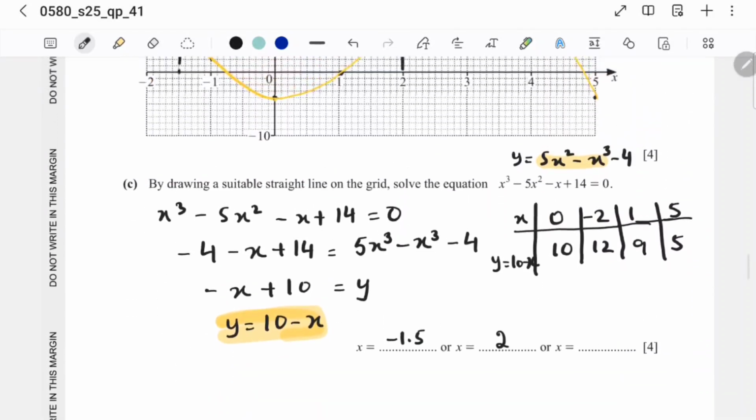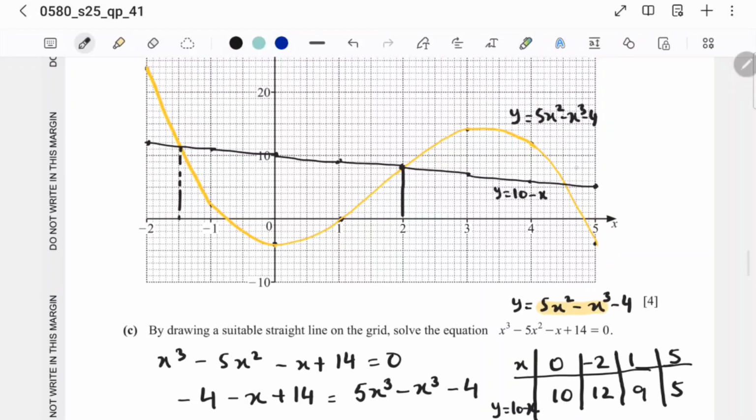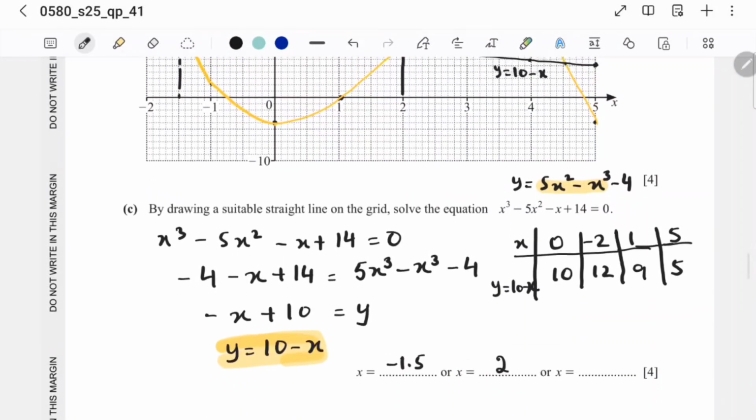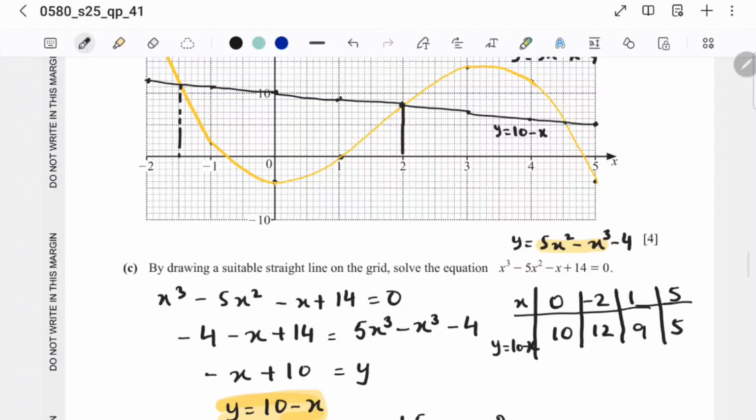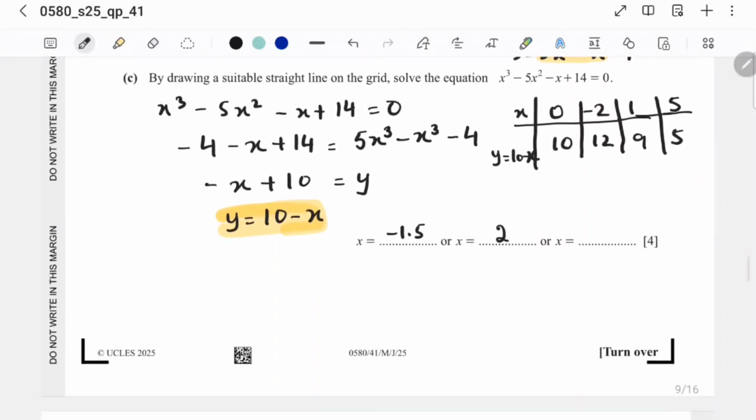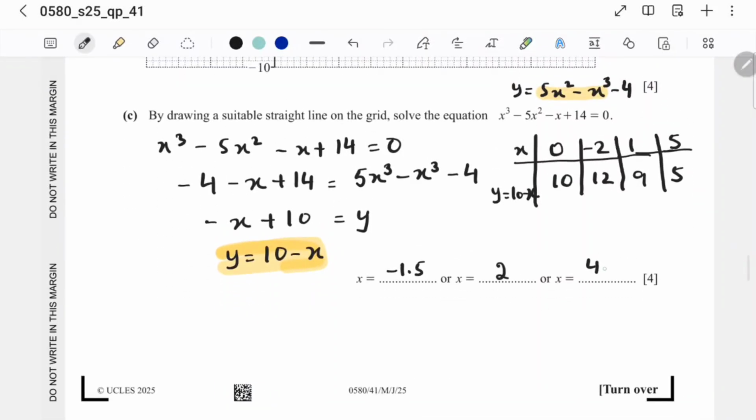And then the last one, this is the point of intersection, which is 4.5. Okay, so we have minus 1.5 and positive 4.5. In the marking scheme, you have minus 1.7 to 1.4, and 2 is the obvious one, and here it is 4.4 to 4.7. So we are getting all answers in the range.